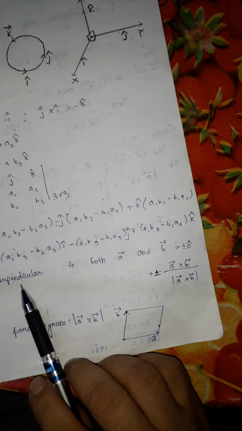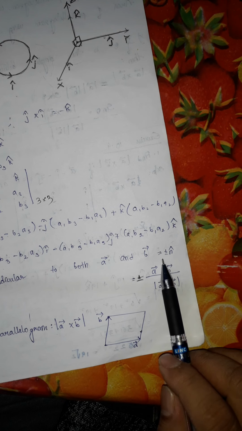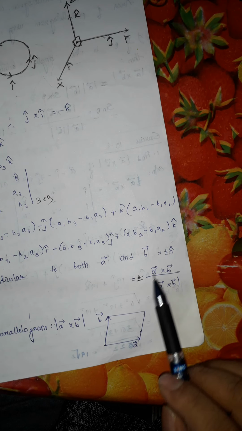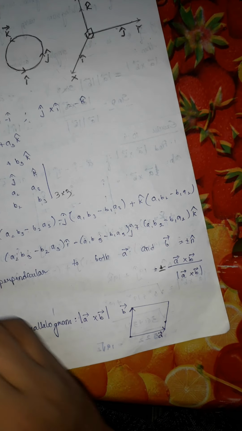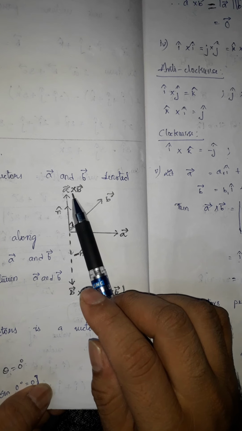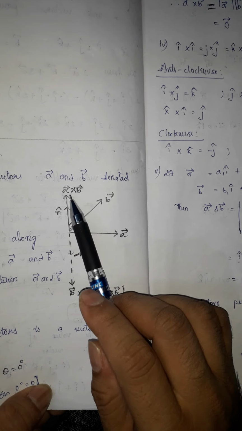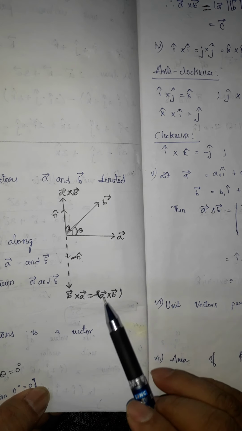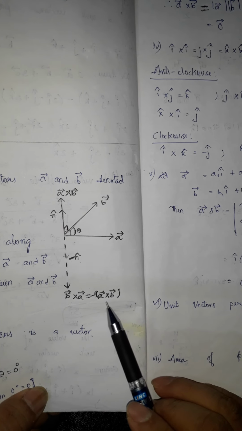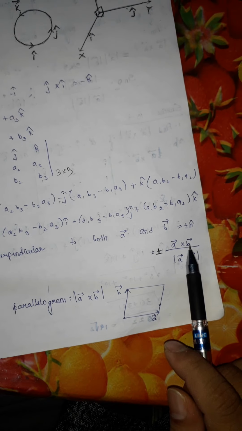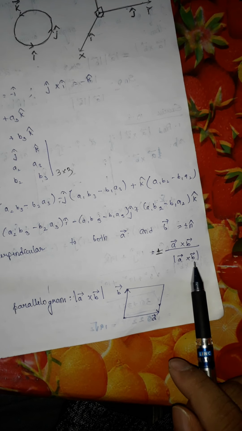So the unit vector perpendicular to both A and B will be plus minus n cap. n cap will be A cross B divided by its magnitude, and minus n cap will be minus A cross B divided by its magnitude. So we get these two vectors, plus and minus A cross B by magnitude of A cross B.